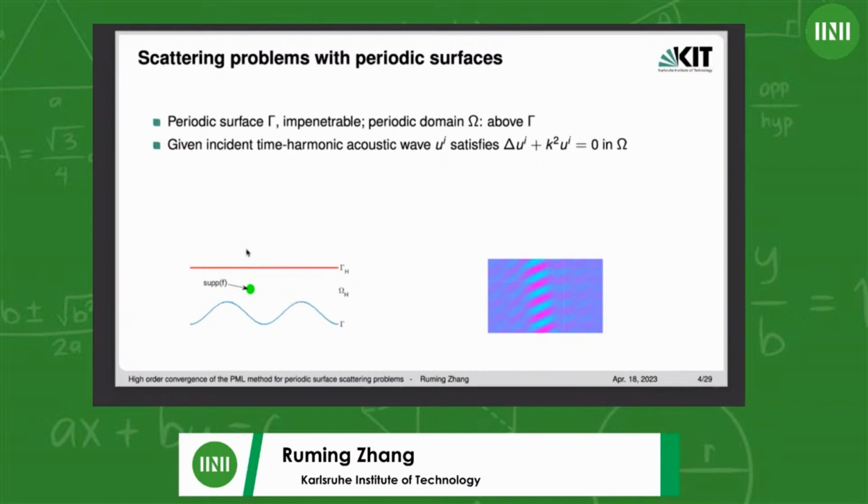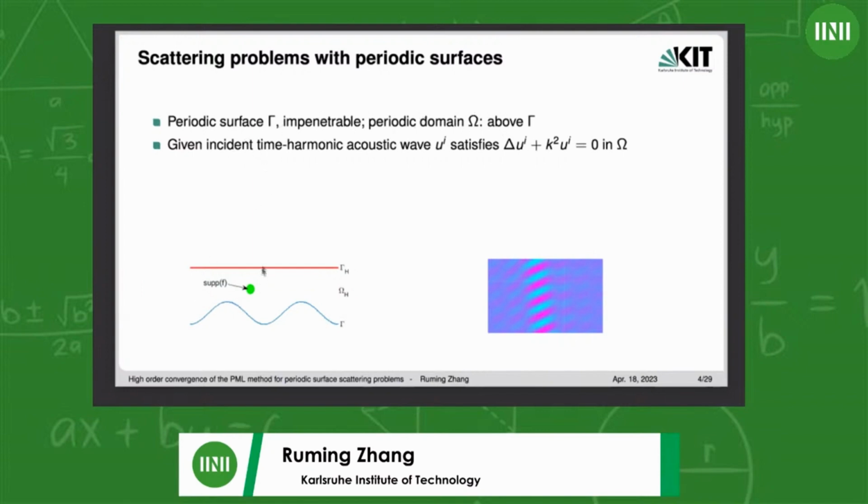The wave is scattered by gamma, and the scattered field only exists in the half space above gamma. The domain above gamma is called omega. This is a periodic domain, periodic in the x1 direction, but in the x2 direction it is unbounded from above, and from below it is bounded by the surface gamma.